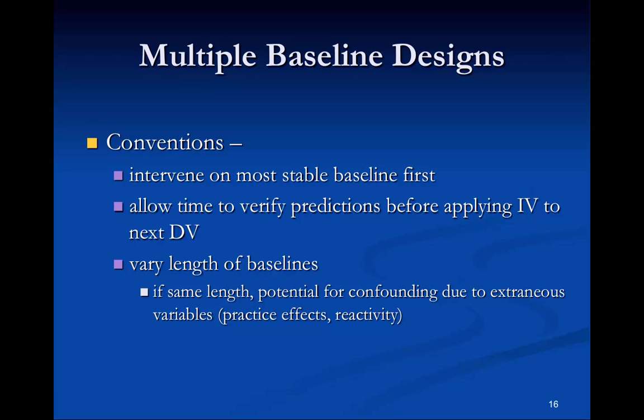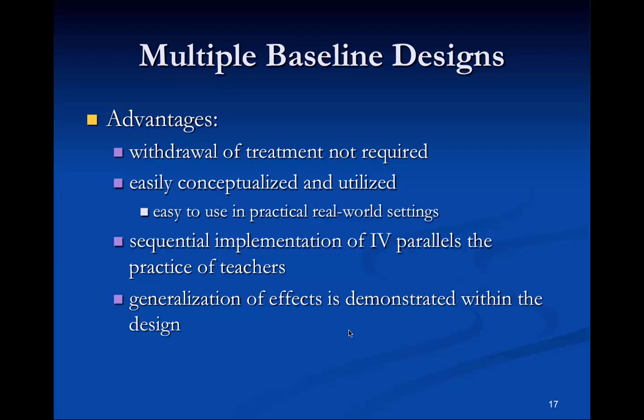But to get stable baselines, when you're doing a multiple baseline, say across 3 different individuals, to keep those baselines stable, you have to run them out for multiple periods of time. It's important to try to vary the lengths of the baselines. Wow, that can take a long time. That can be a lot of effort.